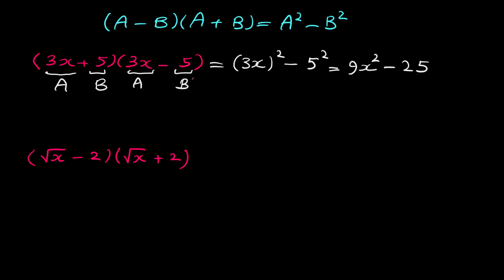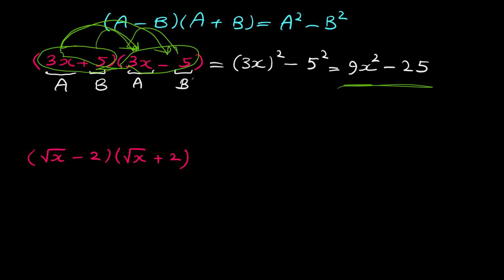Of course, you can find the product of this binomial by this binomial by multiplying term by term. And definitely you are going to get the same answer as here. But it takes more time to find the product.